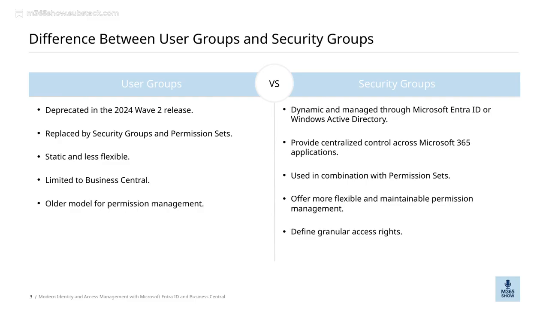While security groups can still be useful, they are considered an older model and are being phased out in favor of user groups, which offer more dynamic and maintainable permission management. So, in summary, user groups are the modern, flexible, and dynamic way to manage access, especially with the integration of Microsoft Entra ID, while security groups are more static and limited, mainly used in older setups. This shift helps us better align our security and access controls with modern cloud-based practices.